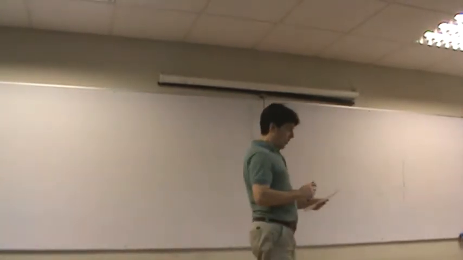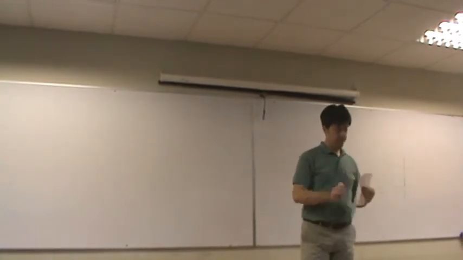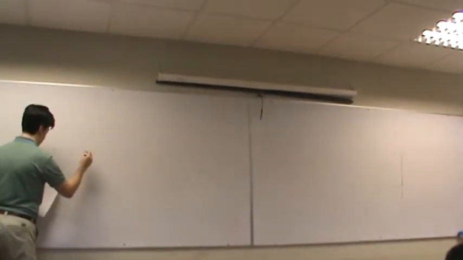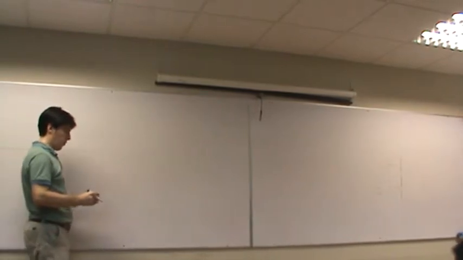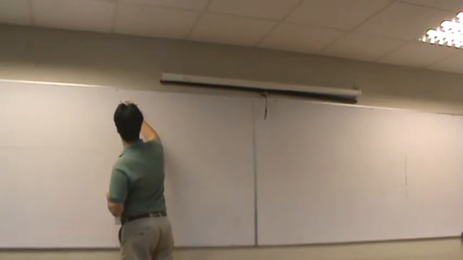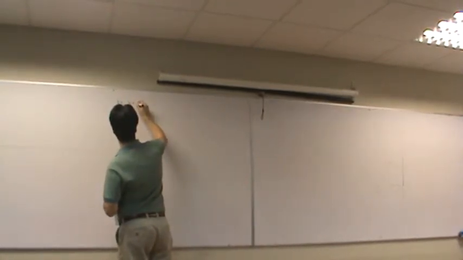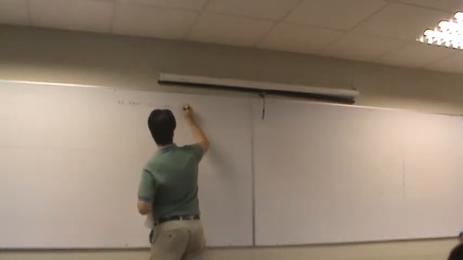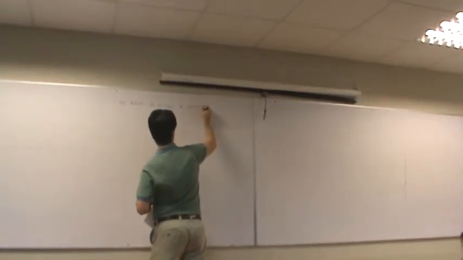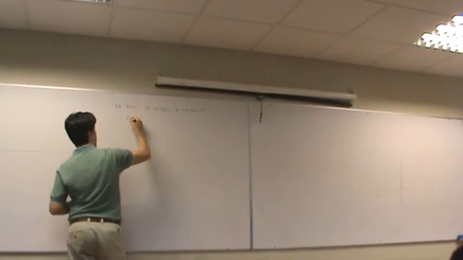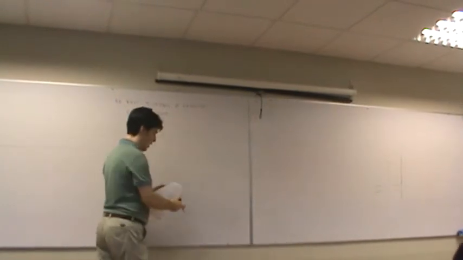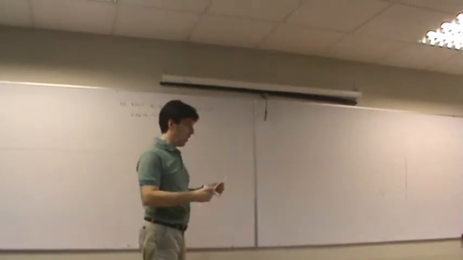One more exercise on the Fresnel ellipsoid. This is a slightly different one. We want to install a satellite station at a frequency of 10 gigahertz.